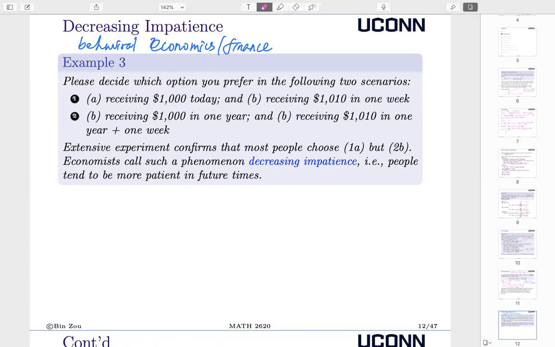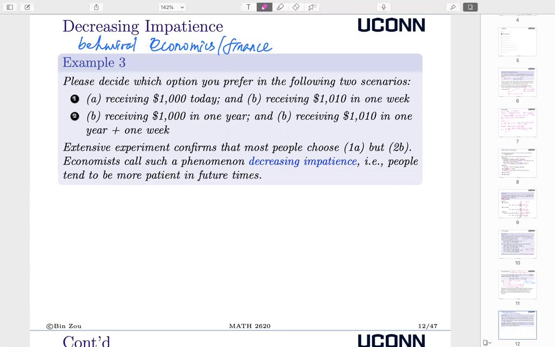Okay, here let's do this example. This is a wonderful opportunity for you. I'm offering you something for free. Here you have two scenarios. Let's look at the first scenario. In the first scenario, I offer you two opportunities. Opportunity A, you receive $1,000 today.